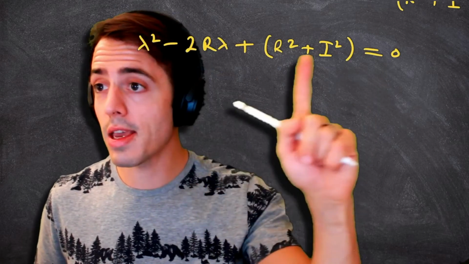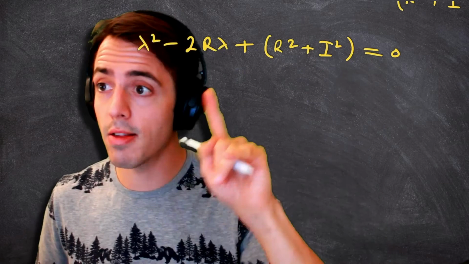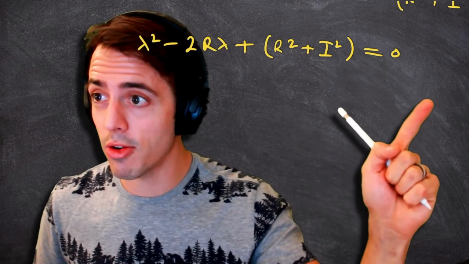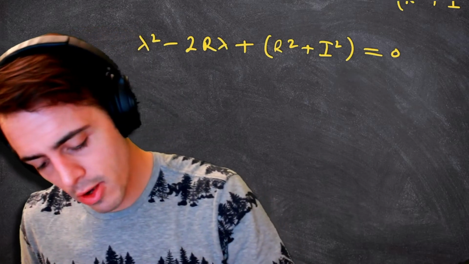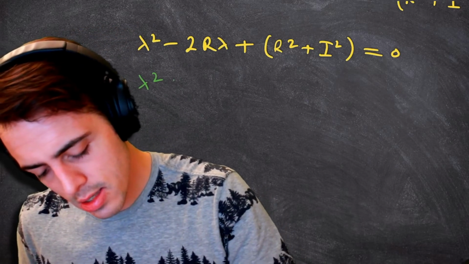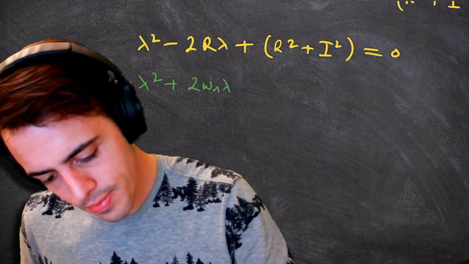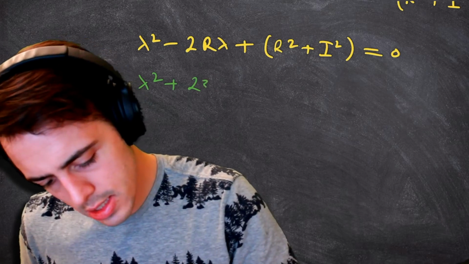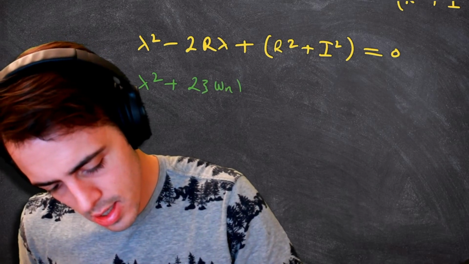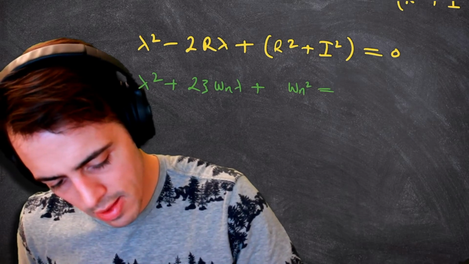I could take either the real and the imaginary part of either of those roots, and I could put them back into this form, which gives me the characteristic equation. So remember, the generalized form of our characteristic equation is lambda squared plus 2 zeta omega n lambda plus omega n squared is equal to 0.